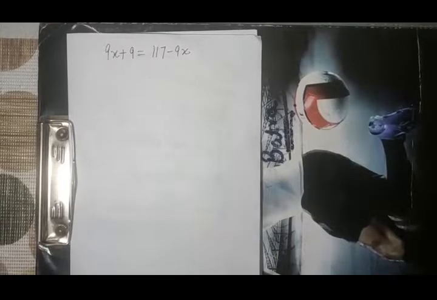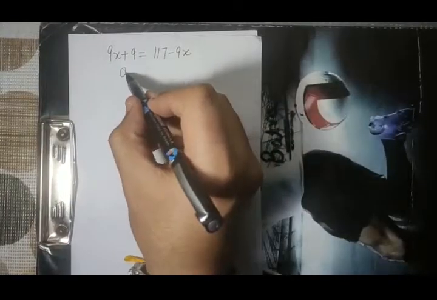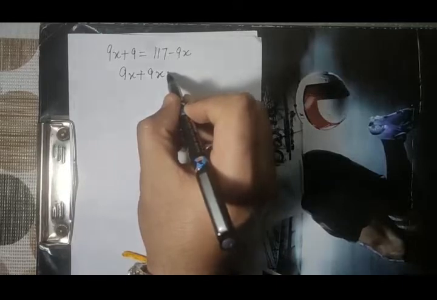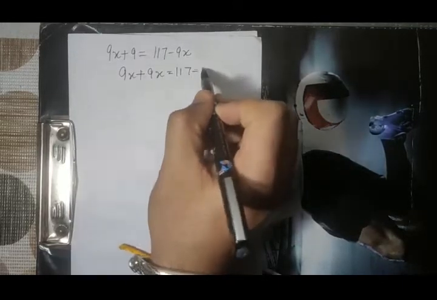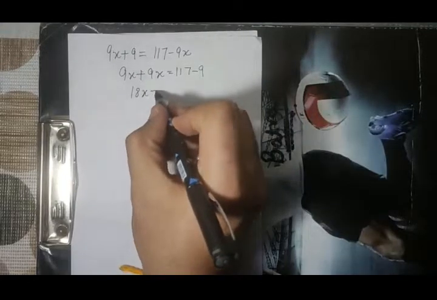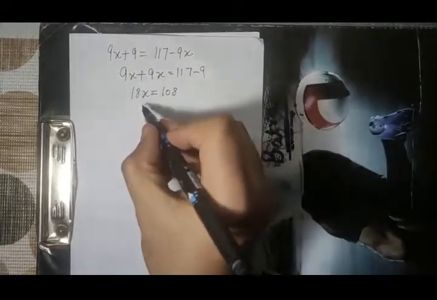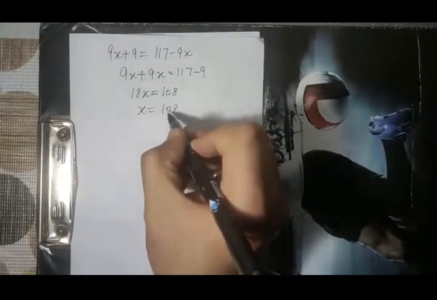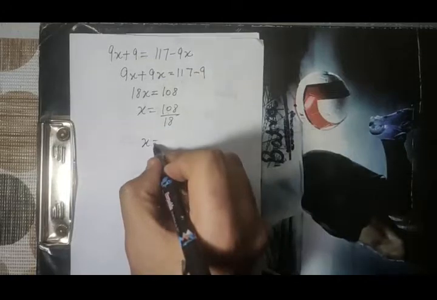So on solving it will become, this 9x will come to left hand side and this 9 will go to right hand side. This will become 18x equal to 108. So to find x, this 18 will go to denominator. So x will be 6.